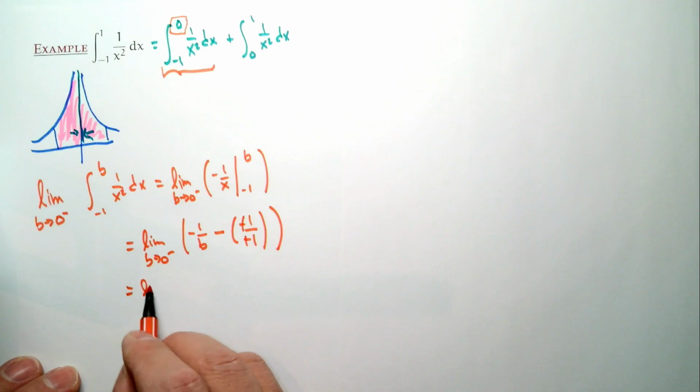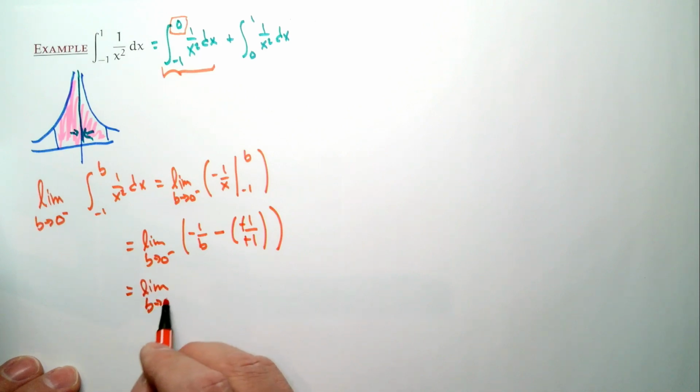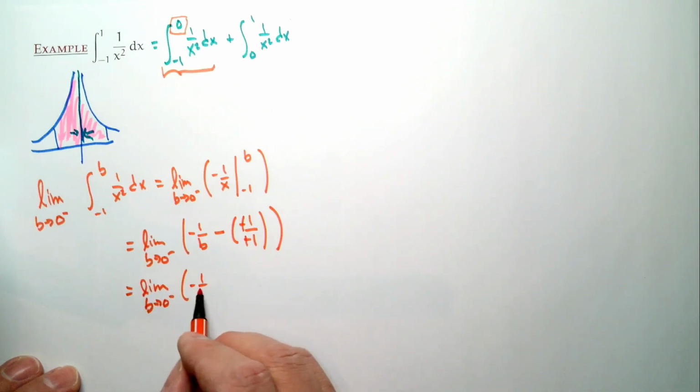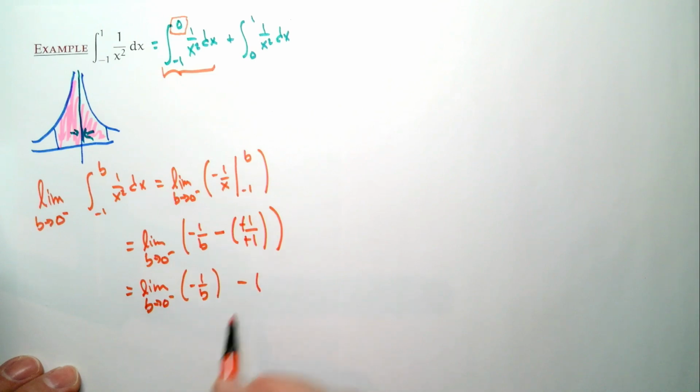So the question is, what really is happening here is that we have a minus 1 over b, and then there's a minus 1 on the end. What happens to negative 1 over b as b goes to 0 from below? So remember, b is going to 0 from below, so b is currently a tiny negative number. What's true about negative 1 over b?